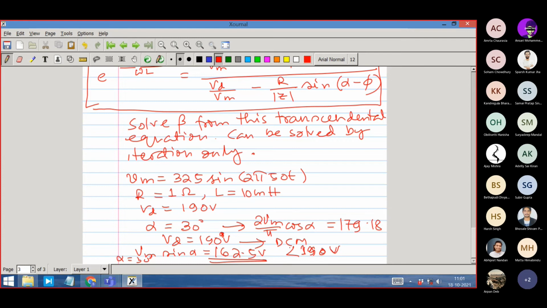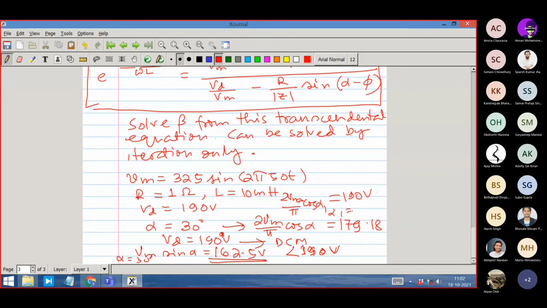So at what point will it start conducting? It will start conducting at the point when the input voltage has reached 190 volt. So let me find out alpha 1 at which the voltage is 190 volt. Then only it starts to conduct. What is the equation? Sorry, not 2 Vm by pi.